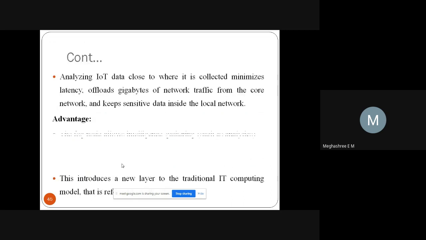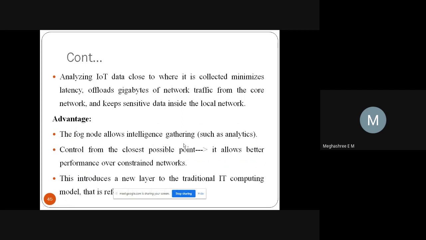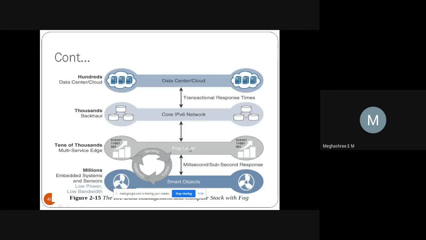The advantage of fog is that it allows intelligence gathering, such as analytics and control, from the closest possible point. That is, it allows better performance over constrained networks. Because of this, the fog layer is introduced here.